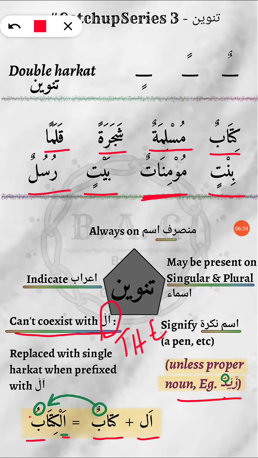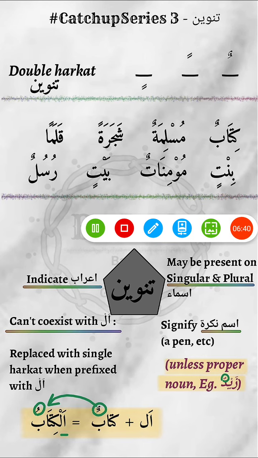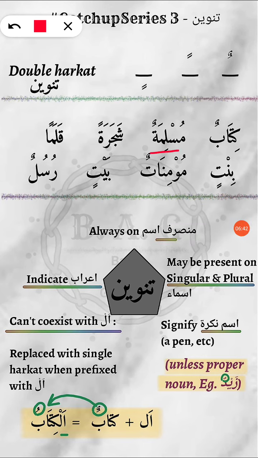All right, this is a very important point. Okay, so it can never ever be al-kitabun, for example. Al-kitabun, biggest blunder. Okay, it has to be al-kitabu. Similarly, al-muslimatu, ash-shajarata. Now why have I pronounced it as ash-shajarata and not al-shajarata?